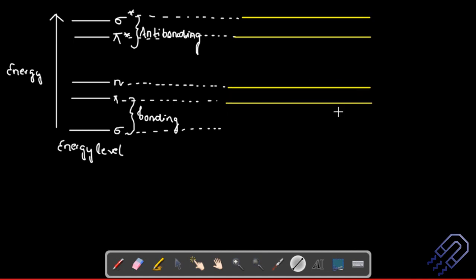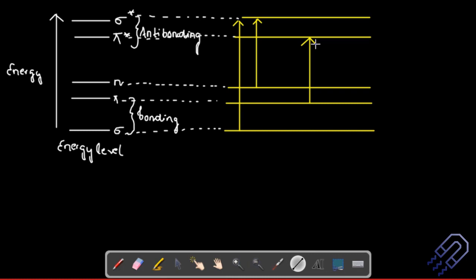If you can remember this figure, you can easily explain whatever question is asked, which one will require higher energy and which one will require lower energy. You can see here, you can have a transition from here to here, possible, right? You can have a transition from here to here, possible. You can also have a transition from this level to this level.